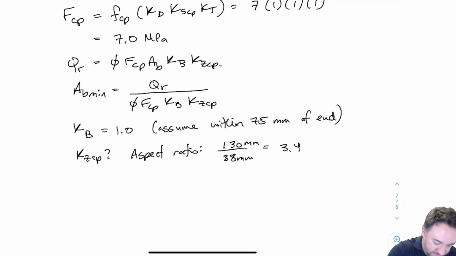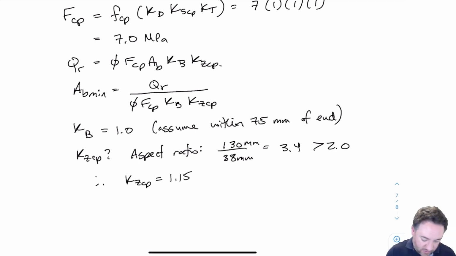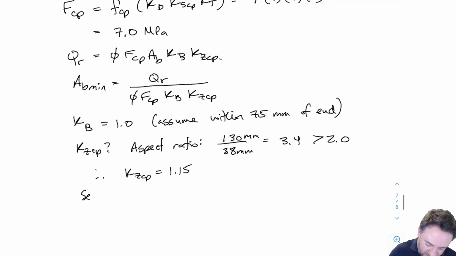So this is greater than 2.0, therefore KZCP equals 1.15. Good to go. Okay, so we're going to set QR in our equation to QF to find our required bearing area.